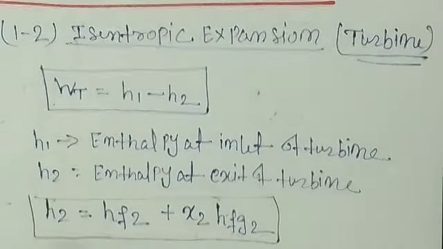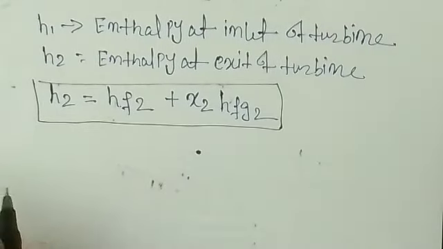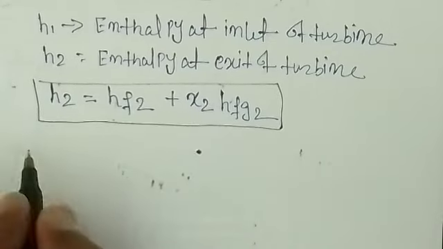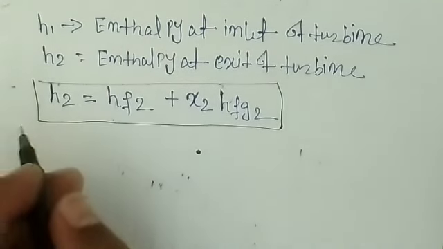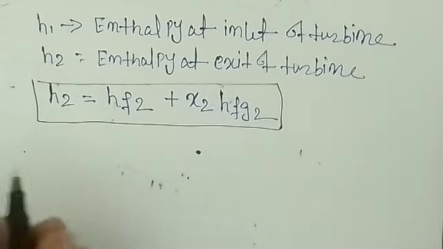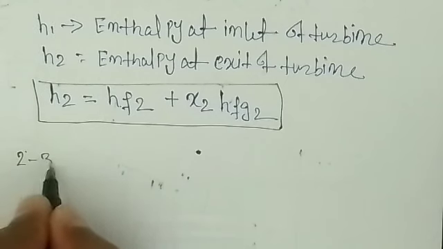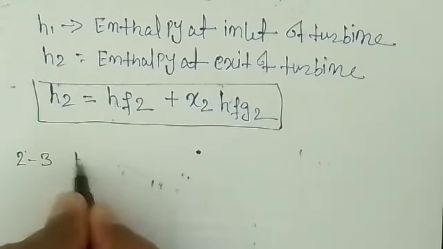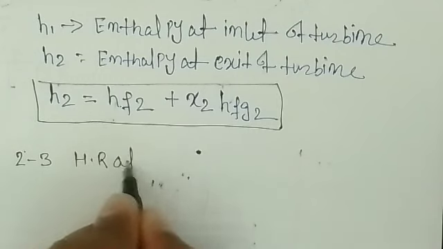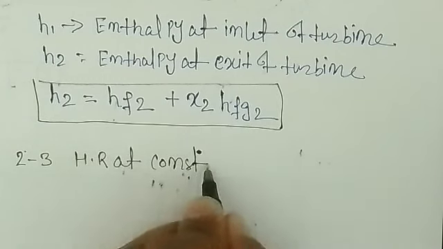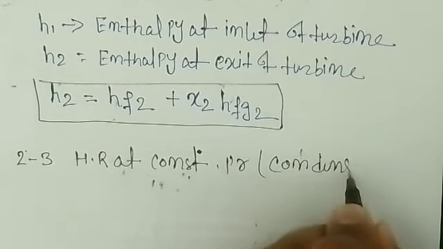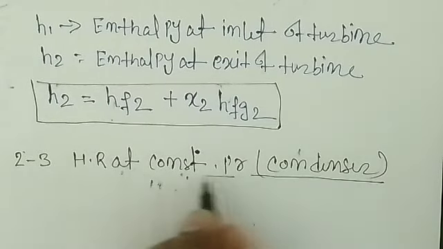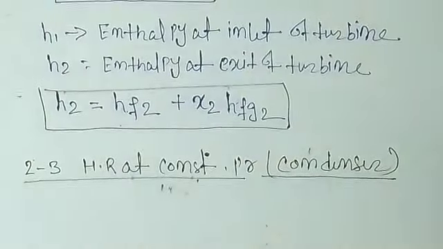So condensation we can say is heat rejection at constant pressure, that is the condenser. We are doing the analysis for the condenser. How much heat is rejected we will see.